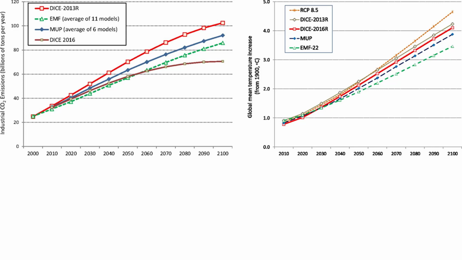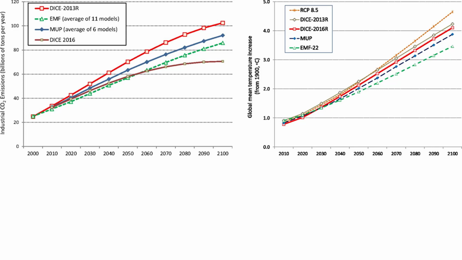We can see that industrial CO2 emissions can be estimated for the next 100 years in the following ways. These are the different models, and there were previous DICE models, but Nordhaus says that they were not that precise, or even sloppier than what we can see today, because they had to develop it.